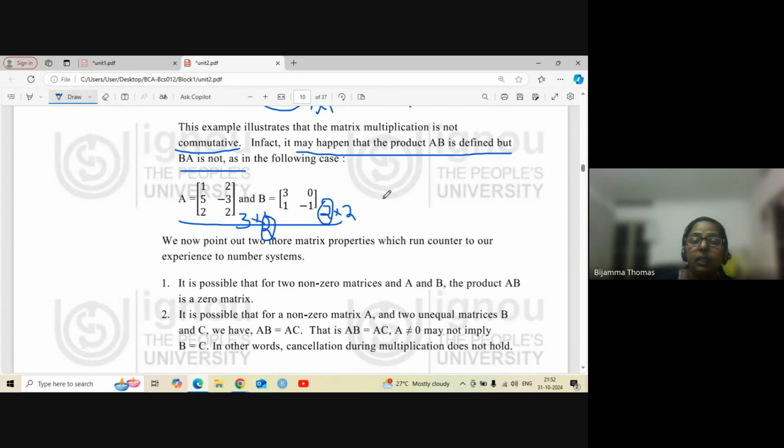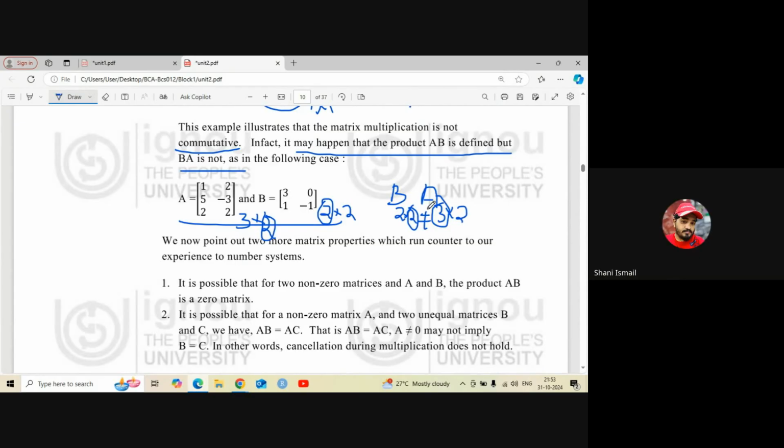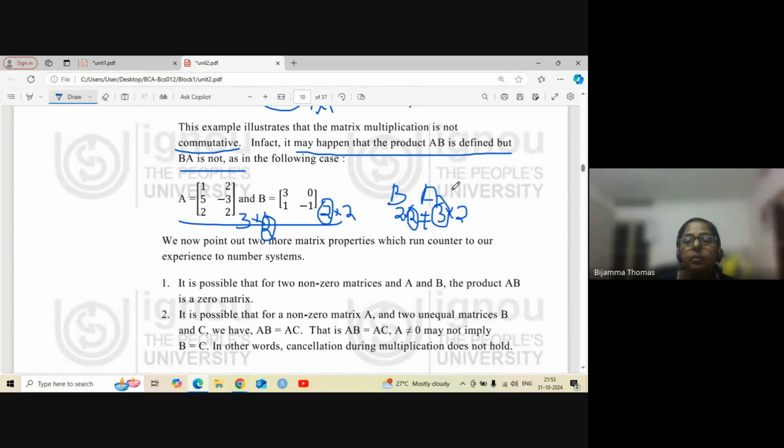When we find the product BA, see, B is of order 2/2 and A is of order 3/2. See, the number of columns of the first matrix is not equal to the number of rows of the second matrix, isn't it? So BA is not possible.